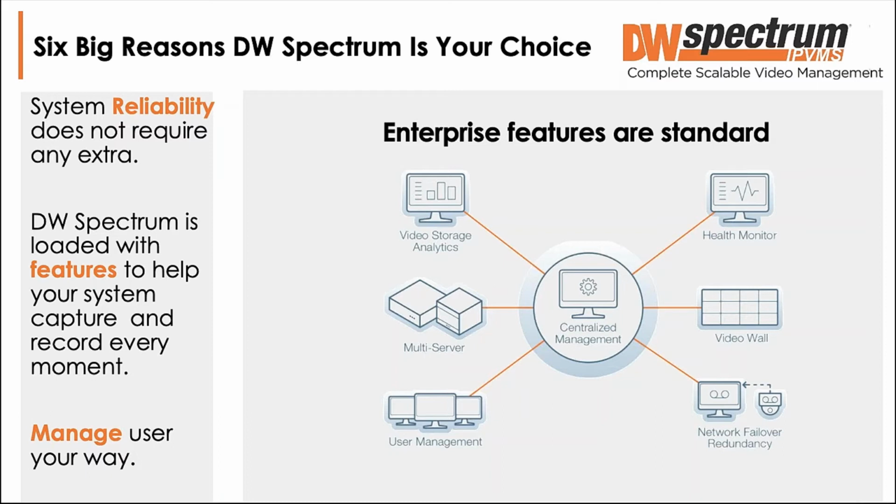It doesn't require additional licenses to implement failover. It doesn't require enterprise versions for failover capability. And then lastly, you'll see down there in the corner the user management capabilities. Manage users your way. Again, a single version that includes everything, including the ability to integrate it with your Active Directory for user management if you so choose.